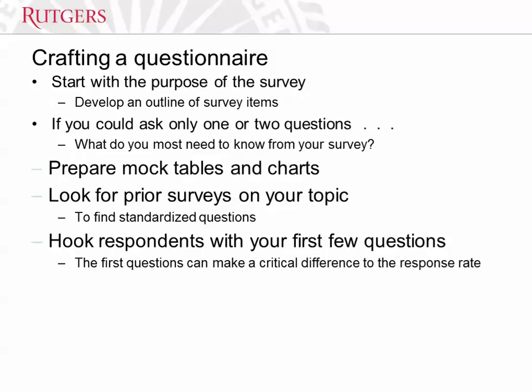Often standard ways of asking a question have been well pre-tested, validated even, and so you're better off in many cases if you're using existing questions rather than inventing your own. But it all depends, because you may be interested in something that nobody's asked about before.